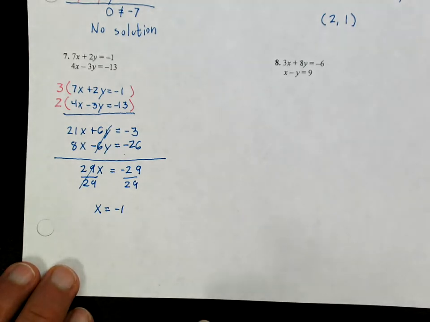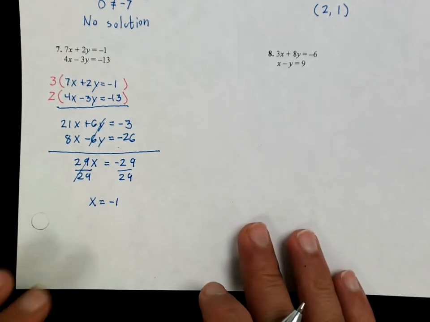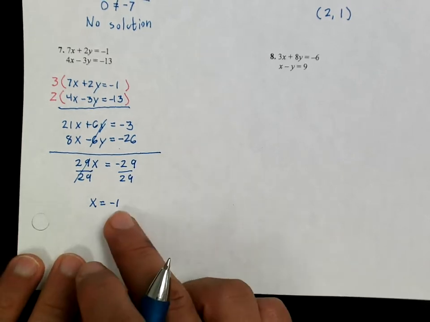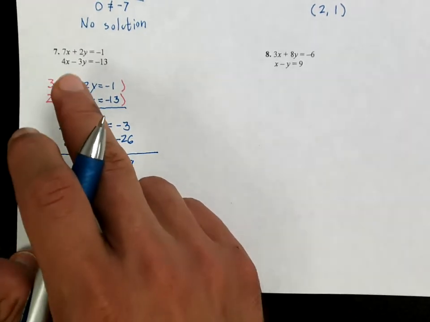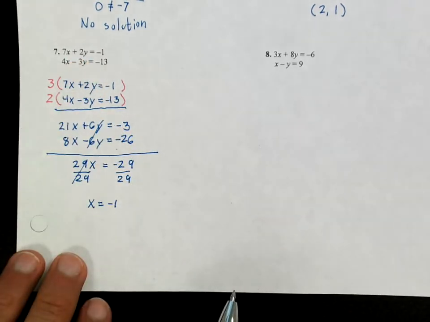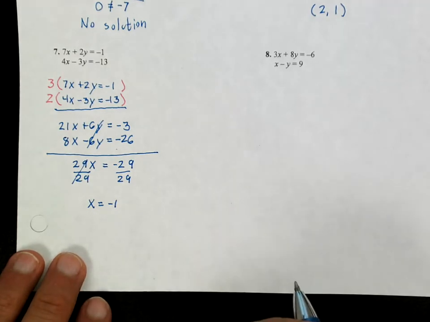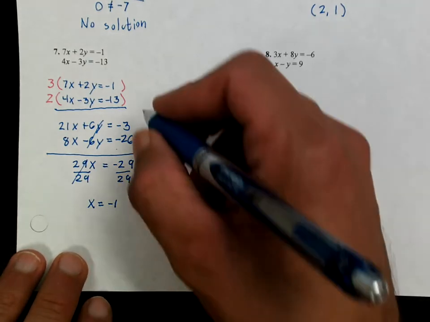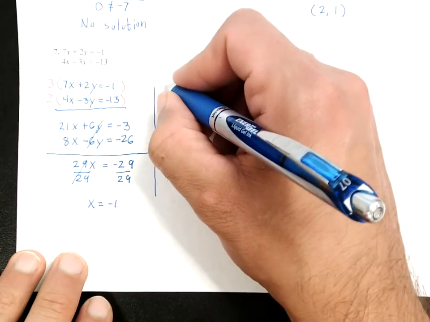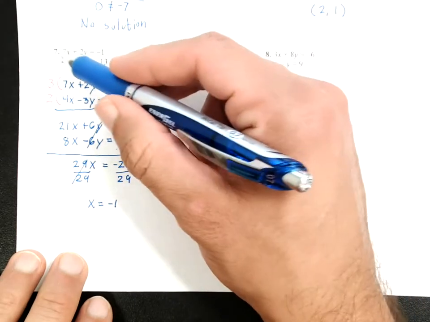And then now, what you're going to do from here is plug in this x value, this negative 1, into either one of those two equations. It doesn't matter which one you pick. Just pick one of those equations and plug in negative 1 for x. In this case, I'm going to choose to plug it into this top equation.